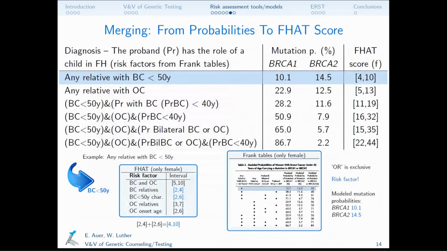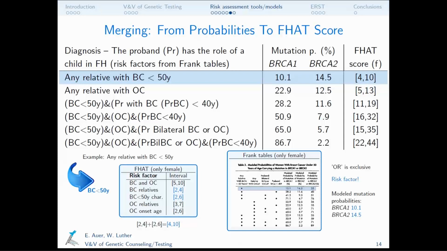So, previously I've talked about that those tools can be merged, and here's the first possibility for merging. We go from the probabilities that are given by Frank tables to interval scores that are given by the family history assessment tool. Yes, if we take a look at the Frank tables, we see that they are defined for women. That's why we are giving the scores here only for female cancer in this case.